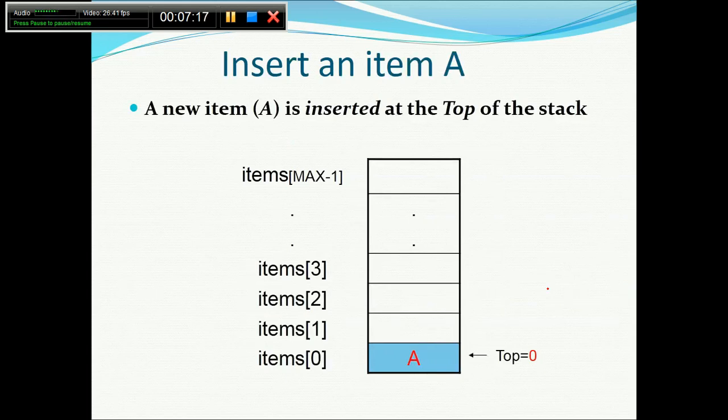Now suppose I want to insert an element. A new item is inserted at the top of the stack. Suppose I try to add two or three times. How can we add? That will eventually result in the algorithm. In this case you can see we have top equal to 0. If I want to add an element, first we do top is equal to top plus 1.